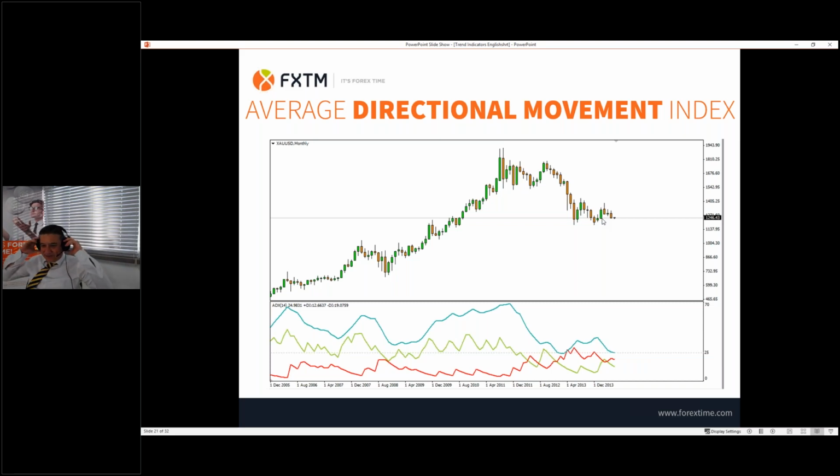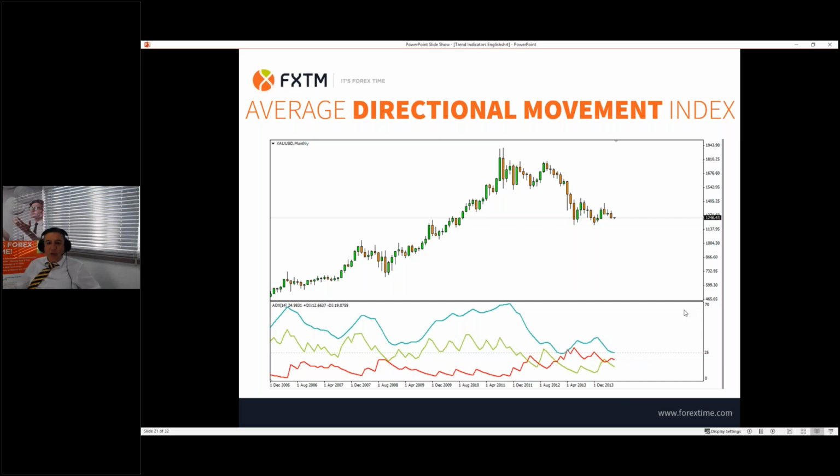Right? Very good. Now, we have two more lines here, the green line and the red line. We can use these two lines for timing to buy and sell.